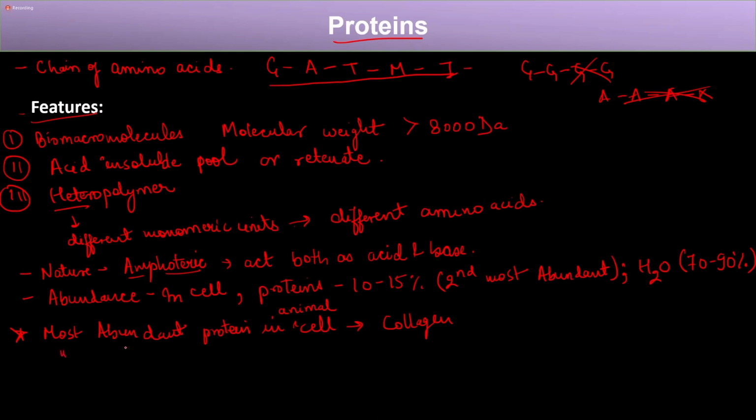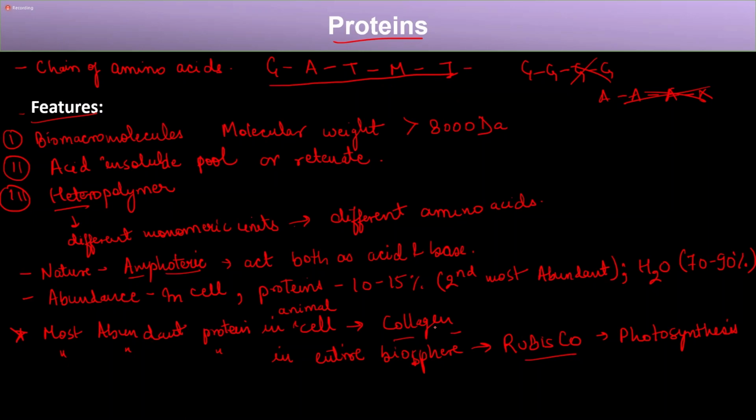But if someone asks the most abundant protein in the entire biosphere, the answer is rubisco. Rubisco is an enzyme that is used in the dark reaction of photosynthesis, which we will see later. So the most abundant protein in the entire biosphere is rubisco, but in animal cells, the most abundant protein is collagen.